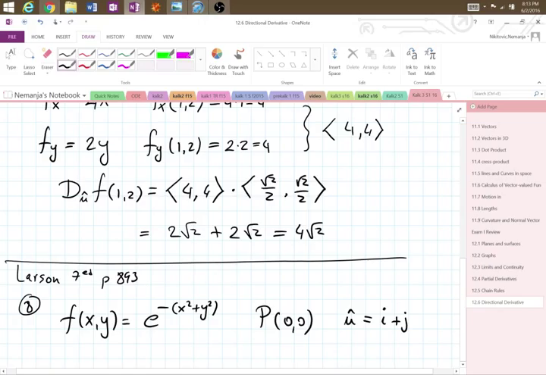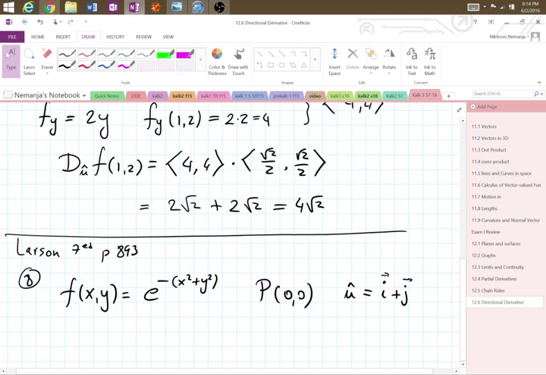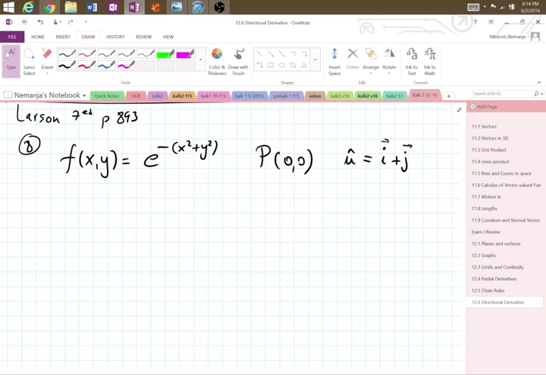Oh, by the way, he likes to write these vectors with i's and j's rather than vector notation. There you go. Grind through the same formula, get both partial derivatives independently, compute them at 0, 0, and then do the dot product of the vector you obtained with the vector you were given.